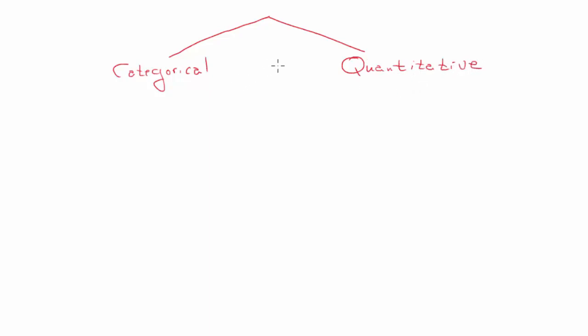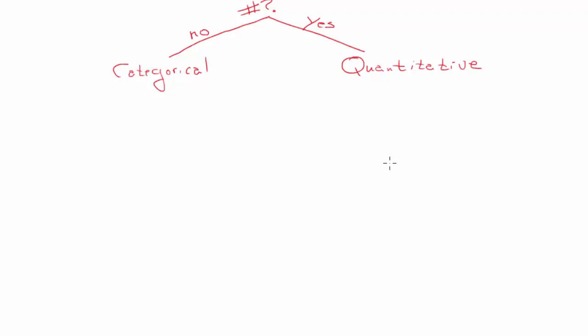So our first classification is whether we are categorical or quantitative. To determine this, you might ask yourself, is this a number? If no, we're categorical, and if yes, we are quantitative.